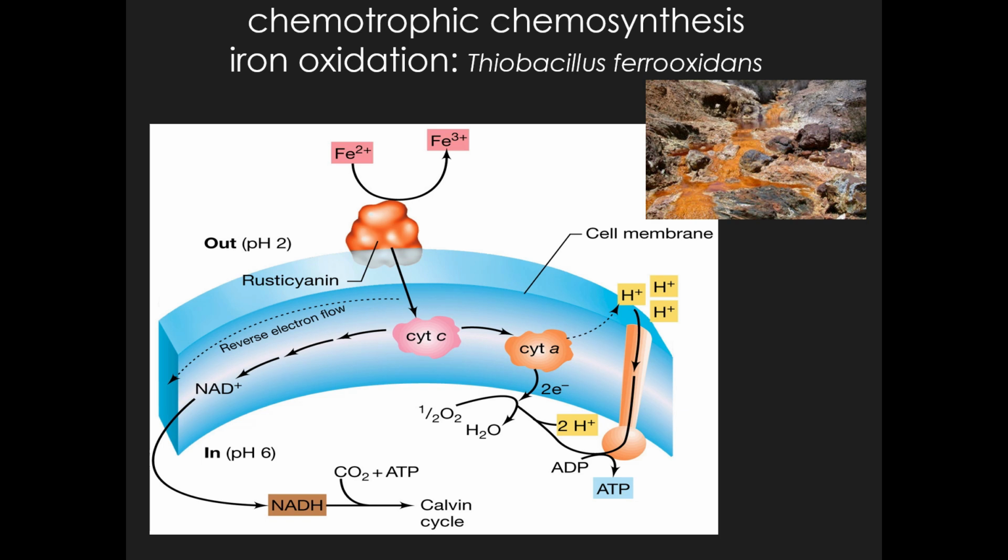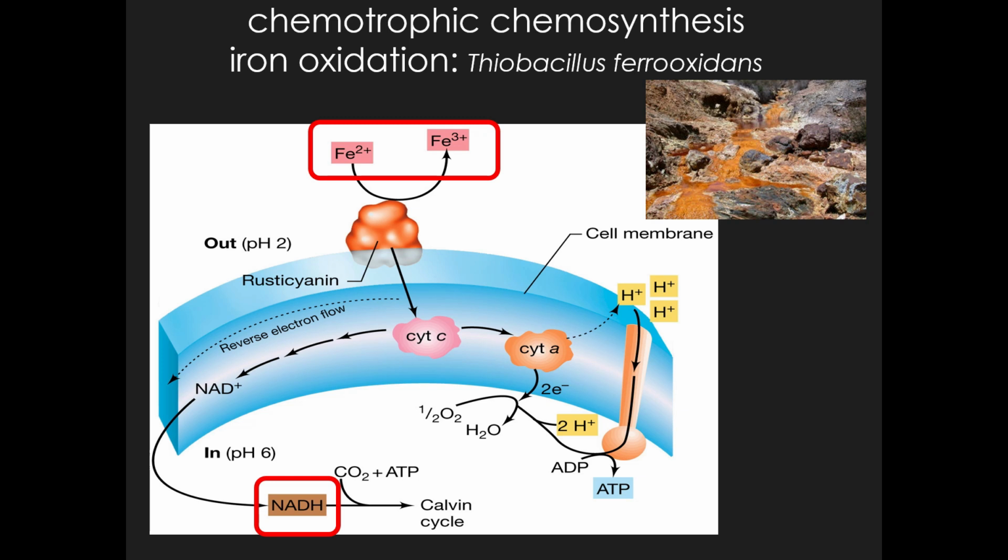So for right now, though, he oxidizes iron. So his electron source is iron. The electrons from iron flow through the electron transport chain, which causes the translocation of protons. The protons flow through the ATP synthase, which generates our ATP for us, and those electrons that come from iron don't become garbage.